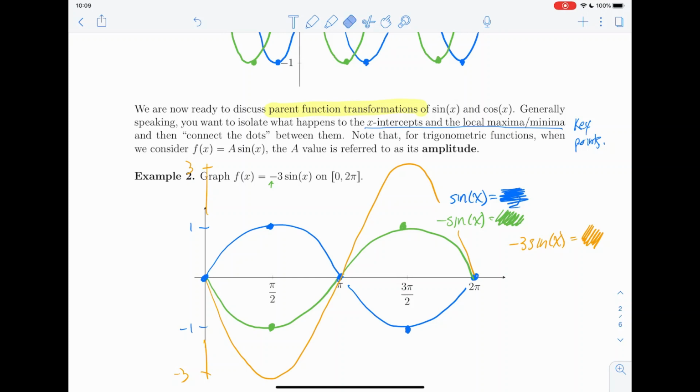I'm going to say, instead of drawing this stretched version, why don't we just go back in time, erase all of that content, erase that curve right there, and instead, I'm going to simply take my green and I'm going to erase those scale markers, and I'm just going to change it to a 3 and a -3. And now what I've drawn is not negative sine, but what I've drawn is -3 sine.